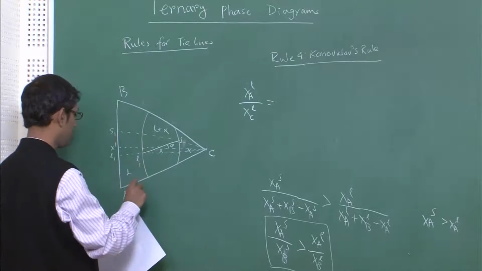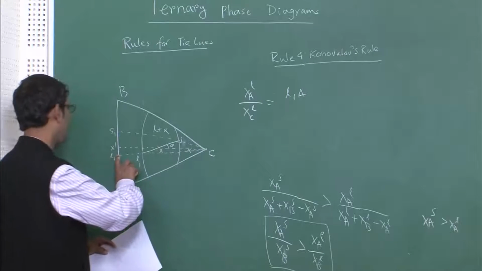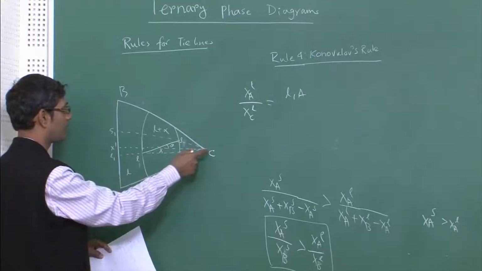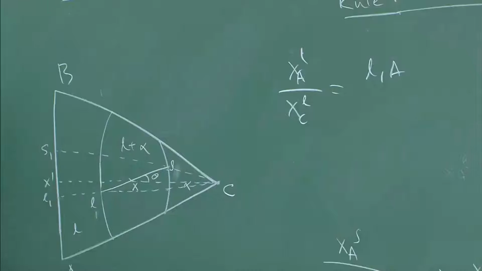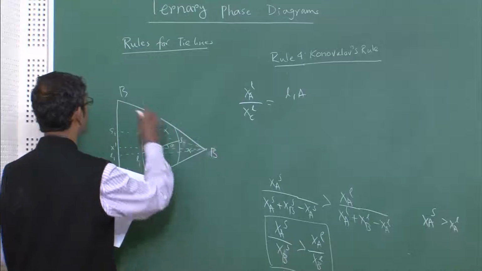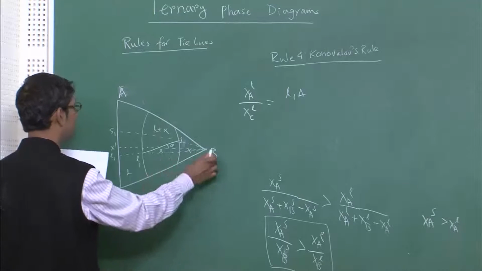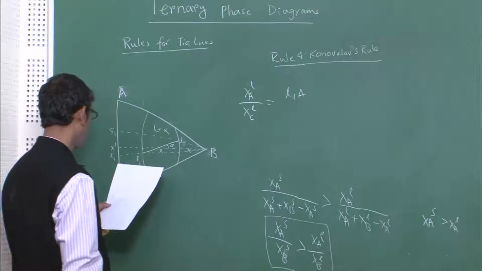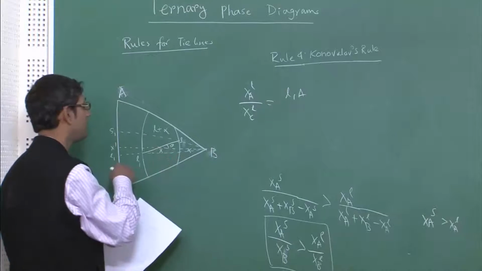X_A^L is equal to L1A divided by AB, right, because I have extended it and it is hitting here. Oh sorry, I made a mistake. Let us change these coordinates to A, B, C. So, X_A^L is L1C divided by AC.